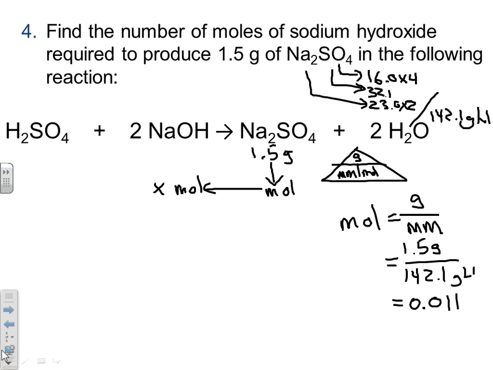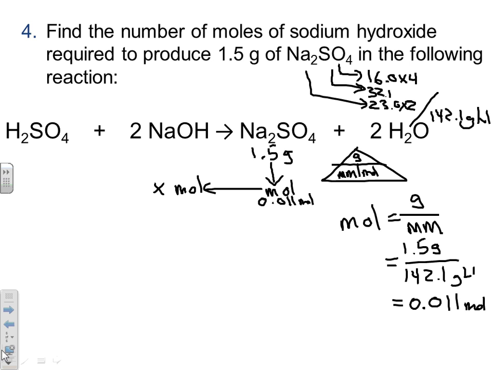Okay, I'm going to use that moles, which really puts it right here, 0.011 moles. Now we're going to do our mole ratio, just like we did. Put the x at the top, even though we're heading this way, we're still going to use the same logic.